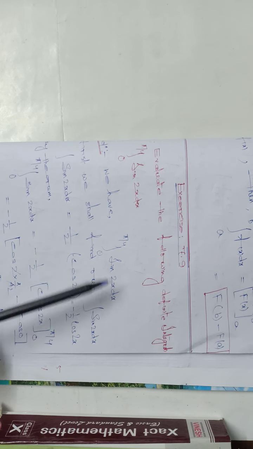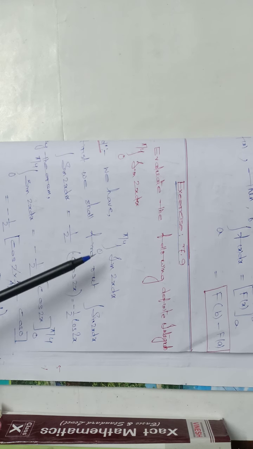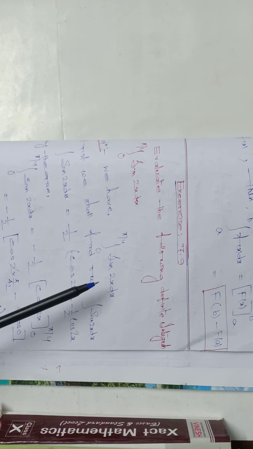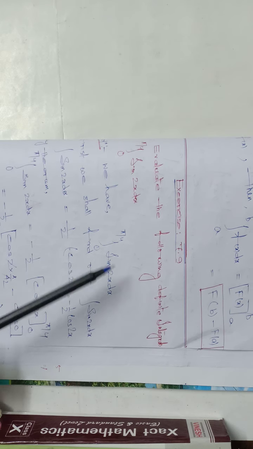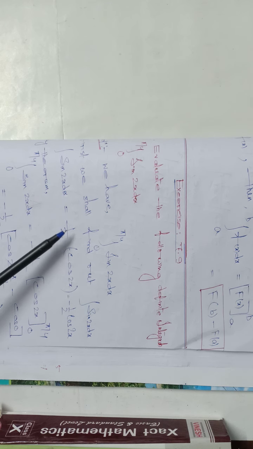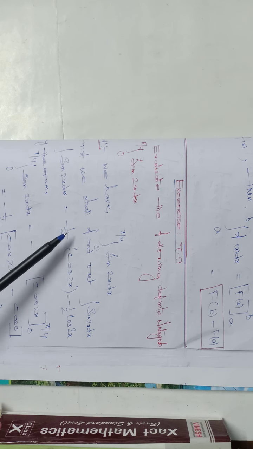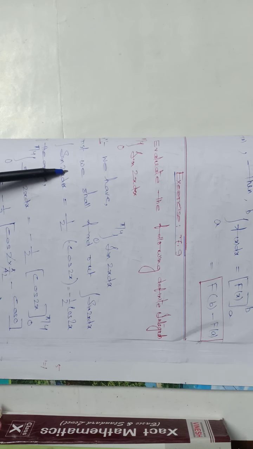So you can see that the one question is, evaluate the following definite integrals. The question is integral 0 to pi by 4 sine 2x dx. So students, first of all we have to integrate sine 2x, then we use the limit 0 to pi by 4.